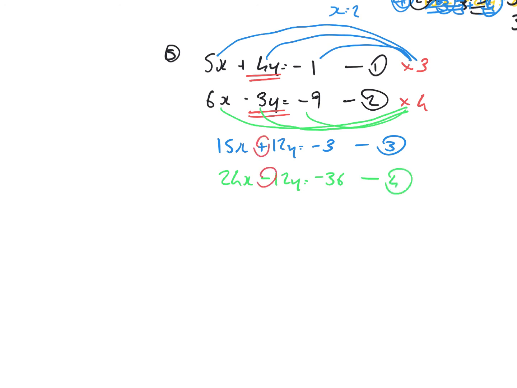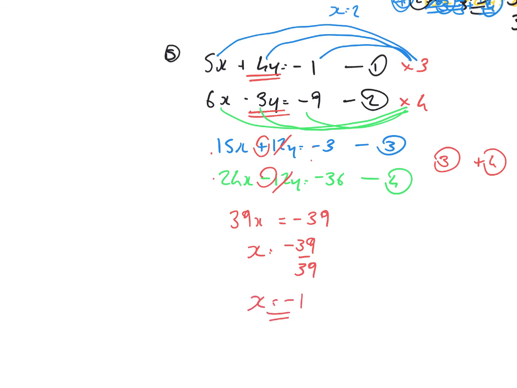The signs are different, I'm going to add. 15x plus 24x is 39x. The y's go. Minus 3 plus minus 36, that's minus 39. x equals minus 39 divided by 39, and that's minus 1.